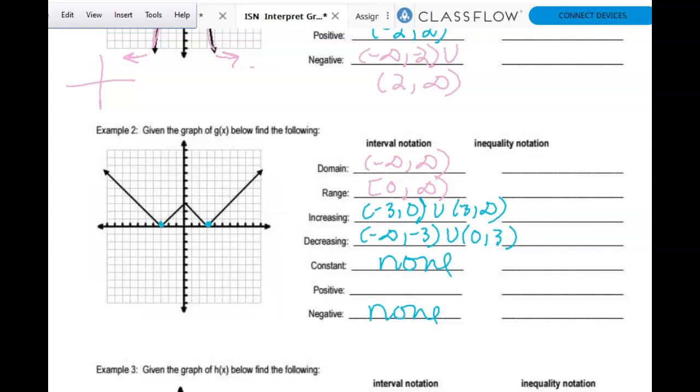And we can't include them because they're on the x-axis. So I'm going to start over here, and I'm going to say it's positive from negative infinity to negative 3. And then from negative 3 to 3, and then 3 to infinity. You have to leave the little blue dots out because they're on the x-axis.